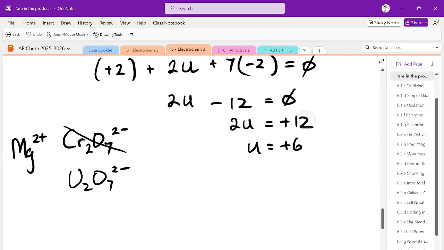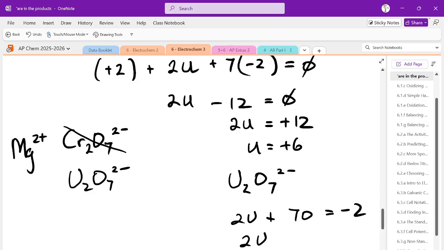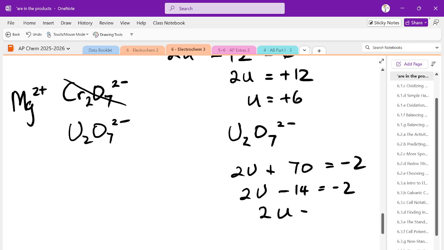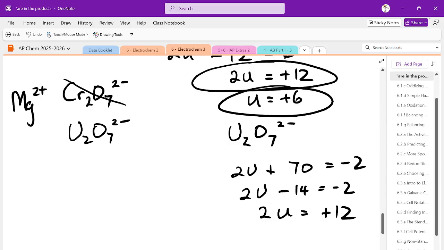So let's say we had just U2O7 2-, we would have 2U plus 7O is negative 2. 2U minus 14 equals negative 2. 2U is equal to positive 12. And we're back where we were with the magnesium. So it doesn't really matter if the magnesium is there or not. You'll end up with the same result. Okay?